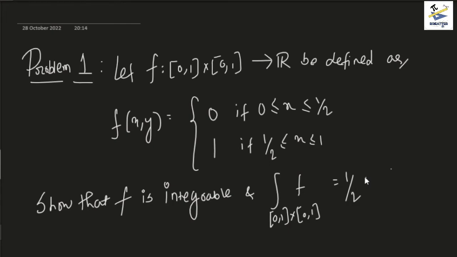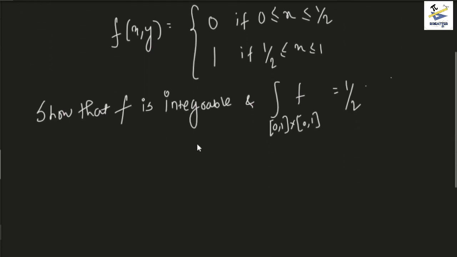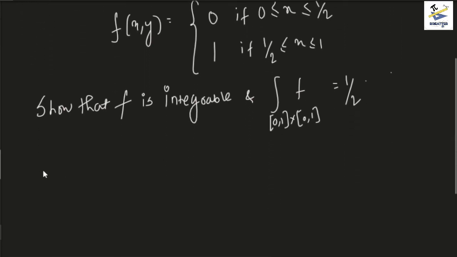Okay. So we see the problem is saying that the function f of x comma y has been defined like this, and that we need to show that f is integrable and the integral of f over the region on which the domain is defined is equal to half.